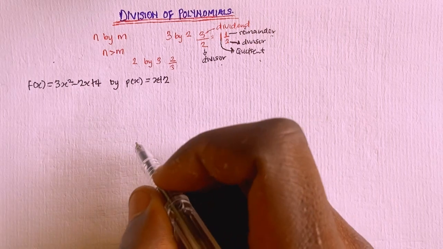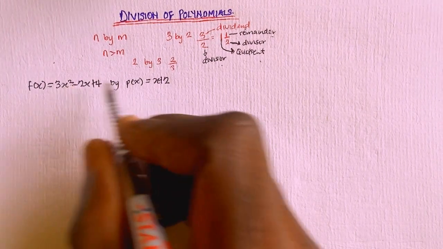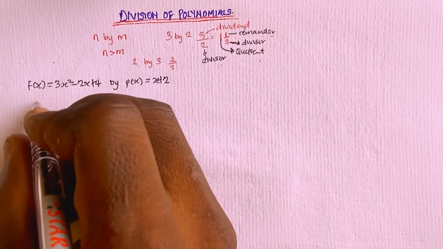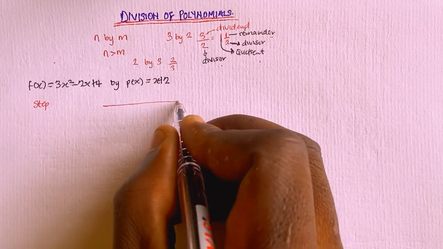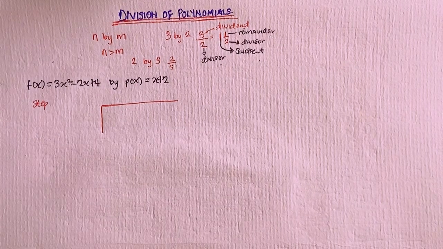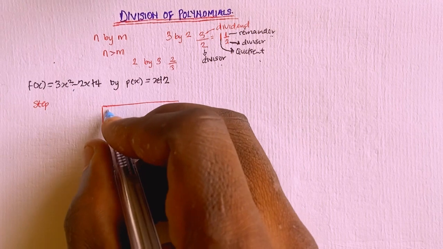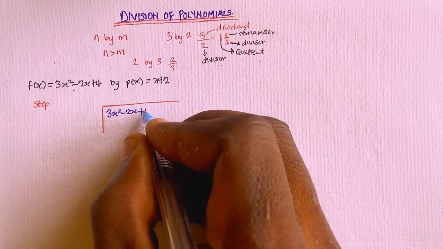In this kind of situation, you can actually divide it because the power of x here is 2 and the power of x here is 1. So you go ahead and perform the first step. You draw a root-like structure. At the center, you place your dividend, which is 3x squared minus 2x plus 4.